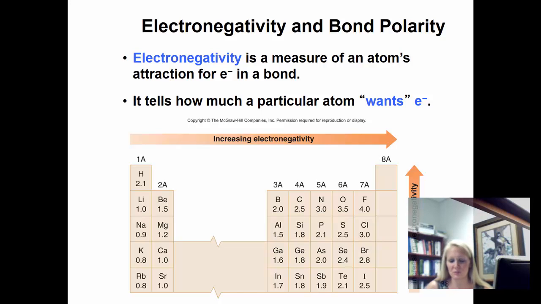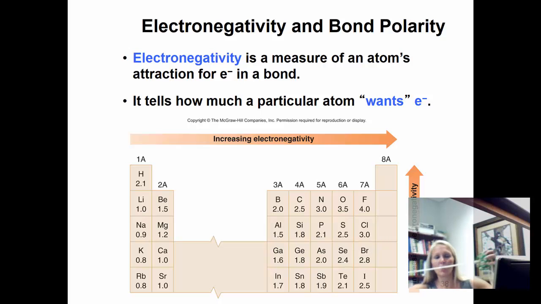And so I sort of think of this as a tug of war type situation, and I think I mentioned this in one of my lab videos. Basically, if you have a bond, this rope here is the bond, and you have two different atoms, and we'll talk about what these could be. If one atom is more electronegative, it wants to pull harder on those two electrons that are in this bond.